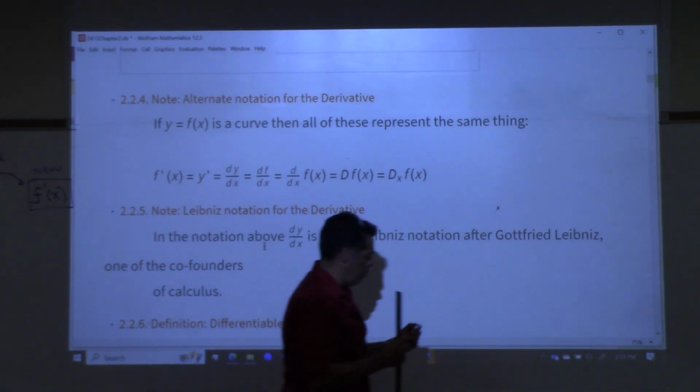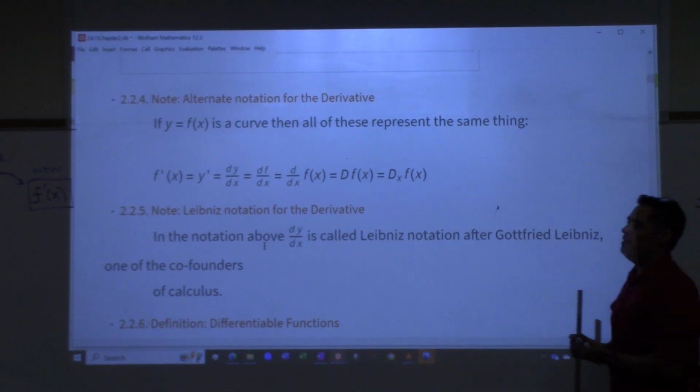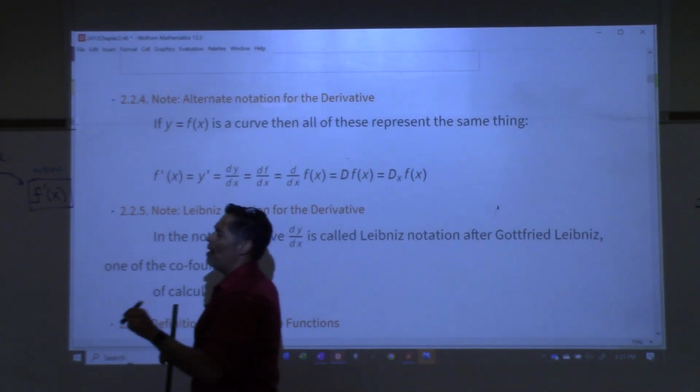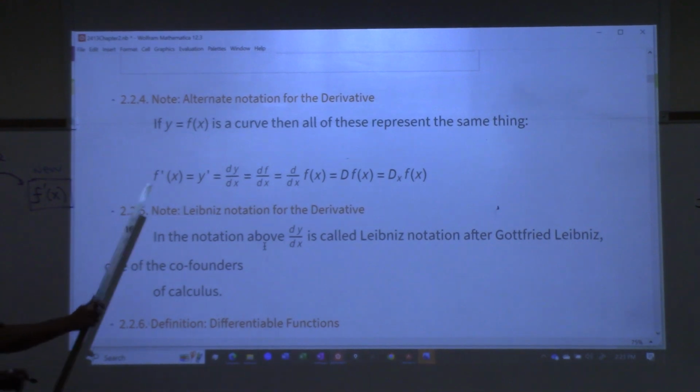I'm going to put it on the board over here on the side. This new thing, f prime of x, is the limit, and we're using the second definition, f of x plus h minus f of x all over h. That's the second definition from last class, replacing the a with x. And we realize that that gives us a new function.